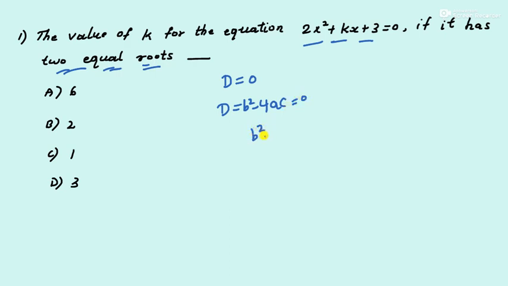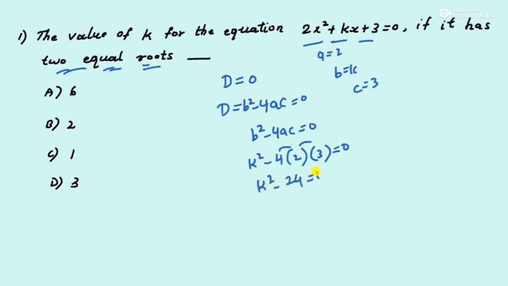So we substitute b square minus 4ac equals 0. Now what is a in this? a is 2, b is k, and c is 3. So when we substitute, this becomes k square minus 4 into 2 into 3, which is equal to 0. So k square minus 24 equals 0.